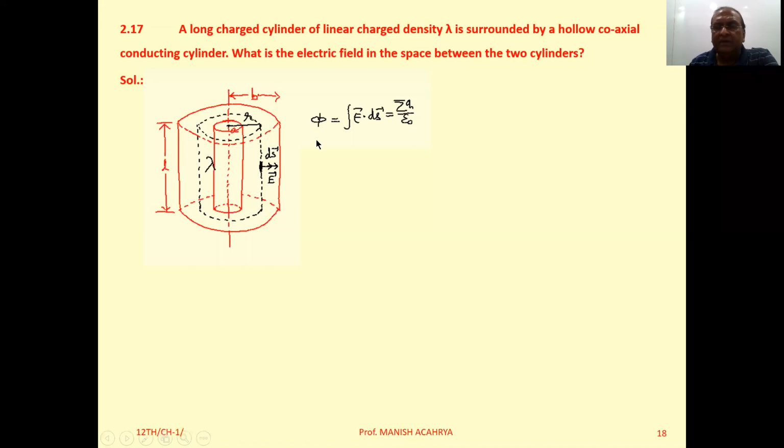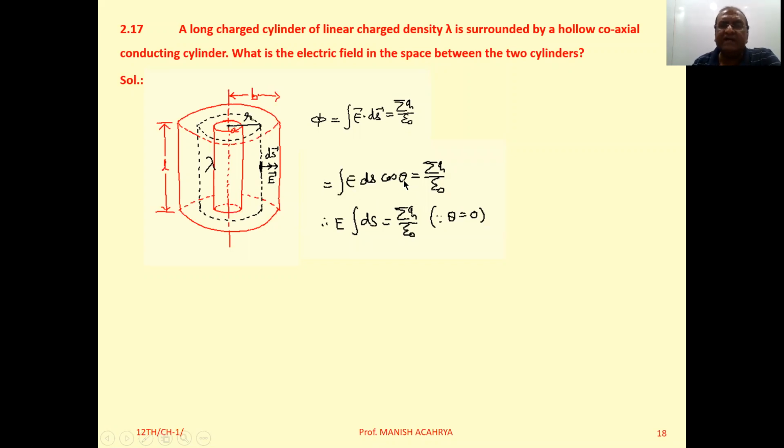Now, as per Gauss's theorem, flux phi, that is integration E dot ds, is sigma q upon epsilon 0. Now E and ds both are in the same direction. So integration E ds cos theta, that is cos 0, which is 1.